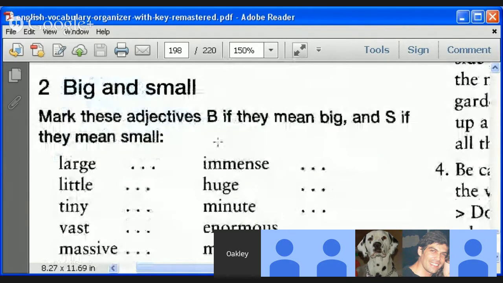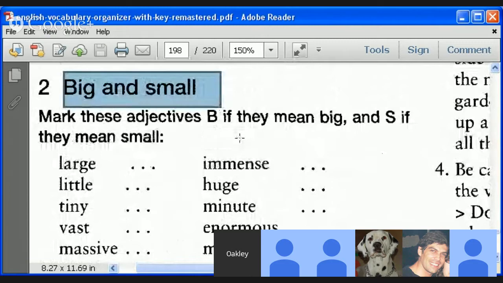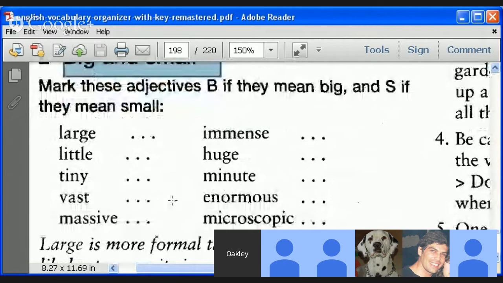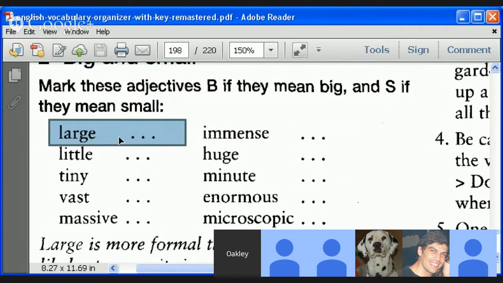I wish. Okay. Now we're going to look at some more adjectives for big and small. What's big? What's small? And can you think of another one? There are so many adjectives that relate to big and small. Okay, Mustafa? Yes, large is big.